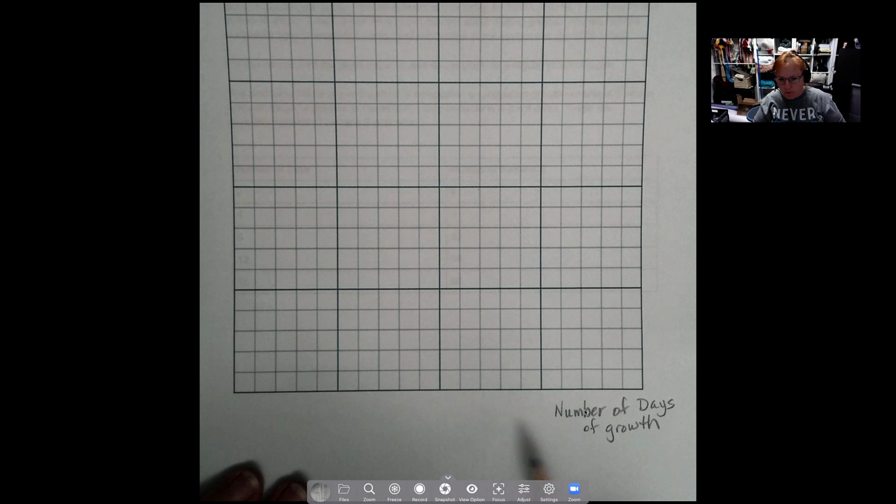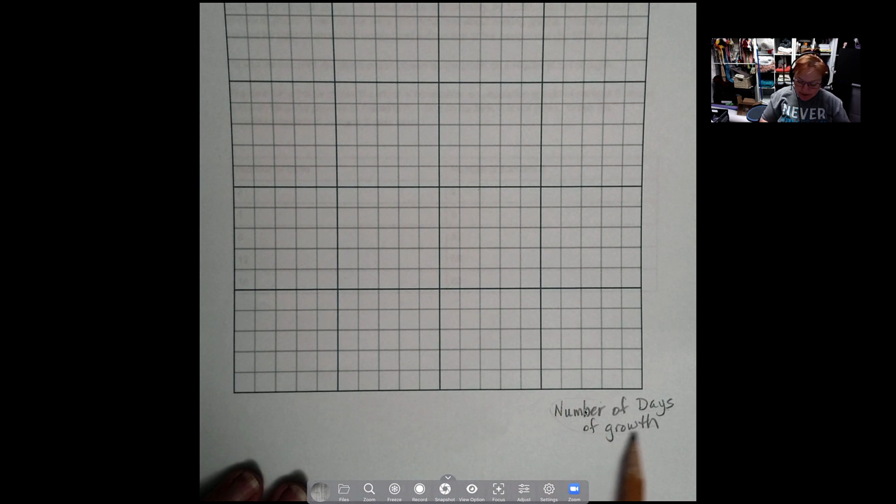So what we're really doing is we're labeling it growth, and our units is days. So how many colonies, the number of colonies over a certain number of days. We have labeled and put the units because the units are the scale, the numbers that we're going to use down here, they count for the number of days.